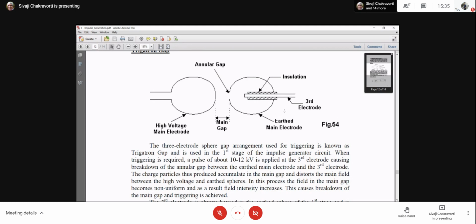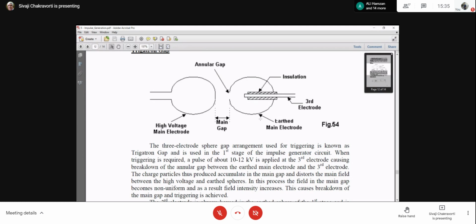So this breakdown will generate enough charges. And since there is already a field existing in the main gap, because of that field, electrostatic attraction, these charges will move towards the main gap.